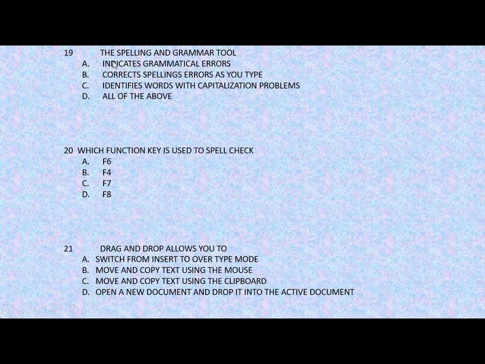Next question, the spelling and grammar tool indicates grammatical errors, corrects spelling errors as you type, identifies words with capitalization problems, all of the above. So the answer for this is D, that is all of the above.